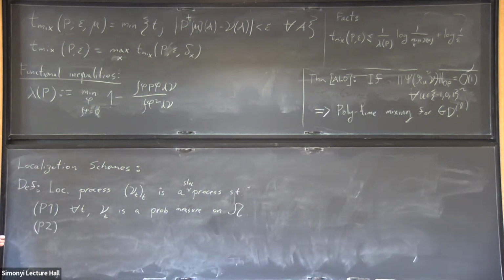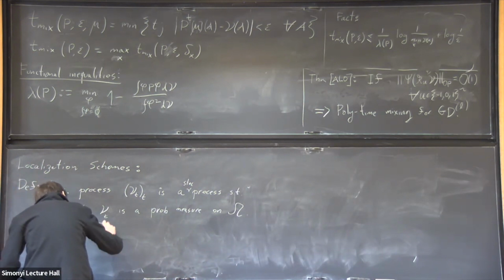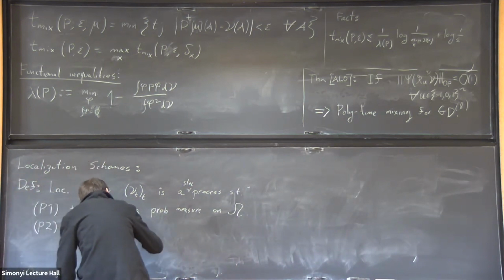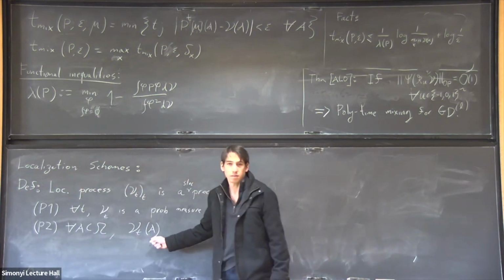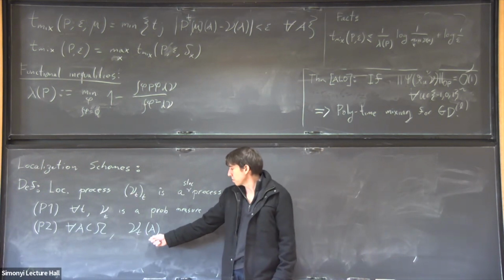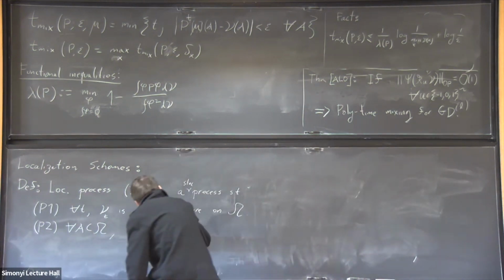The second property is that for every subset a of our state space, for every t I have a number between 0 and 1, nu t of a, and this is a martingale.